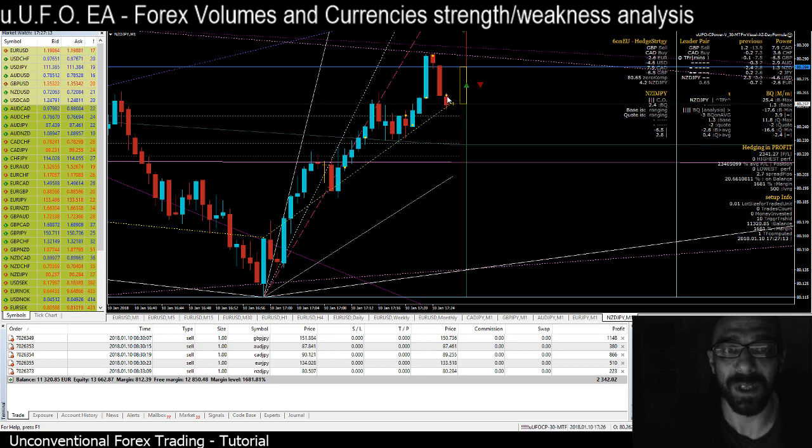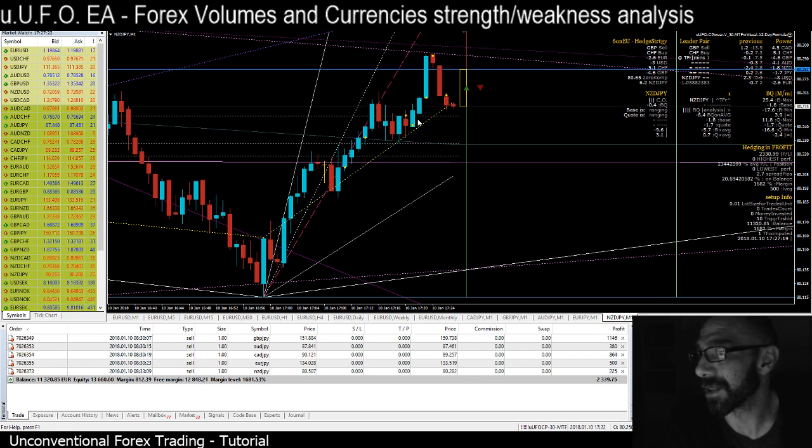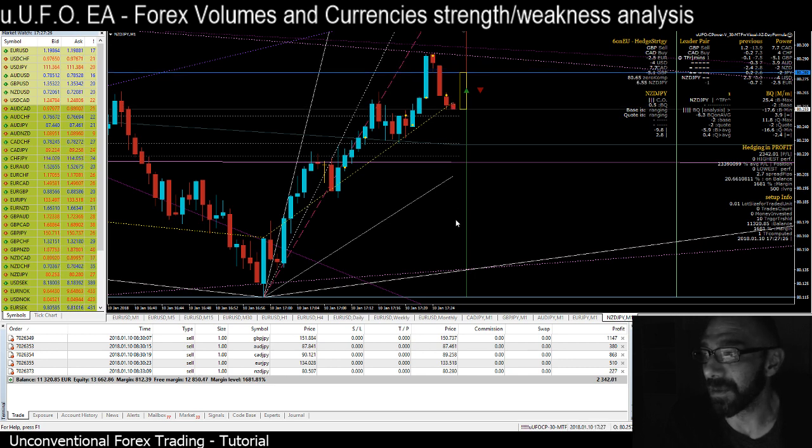But now we have to see if the price is oscillating along this line that is created, or if it's going to break this line and fall down.